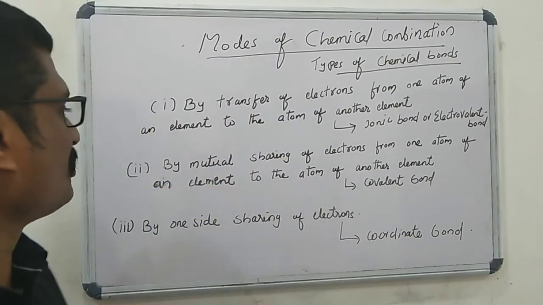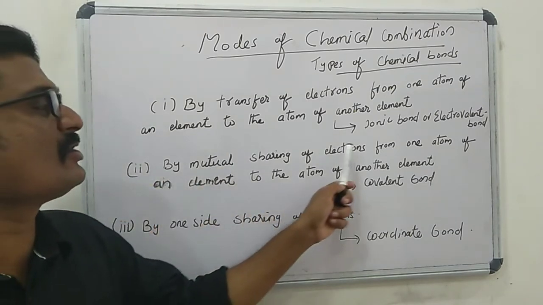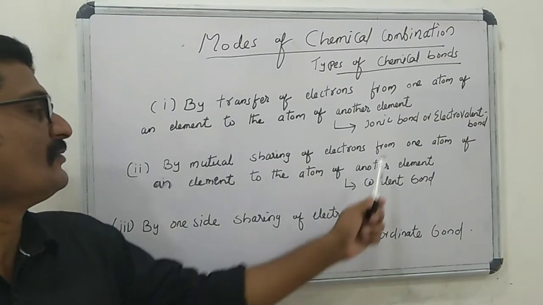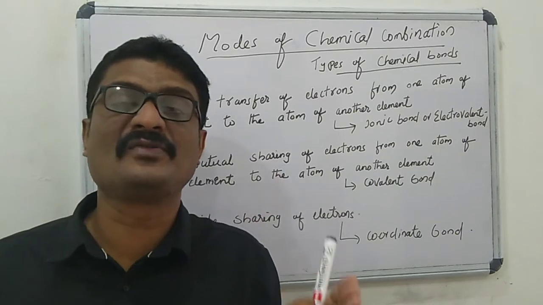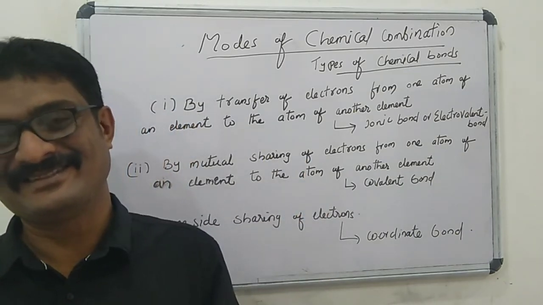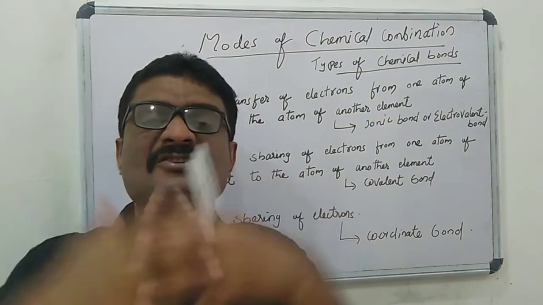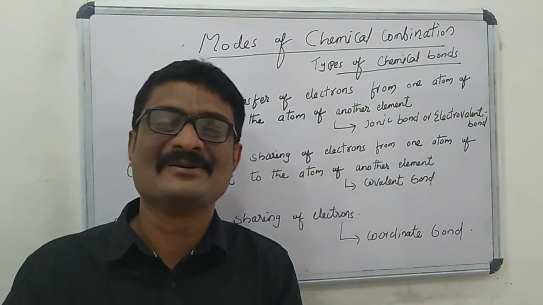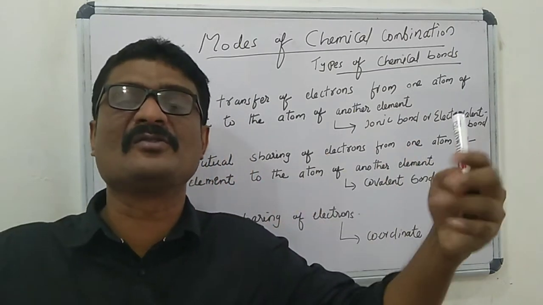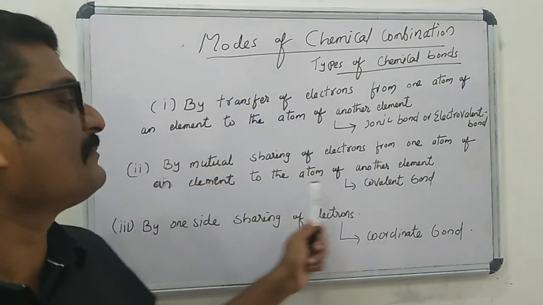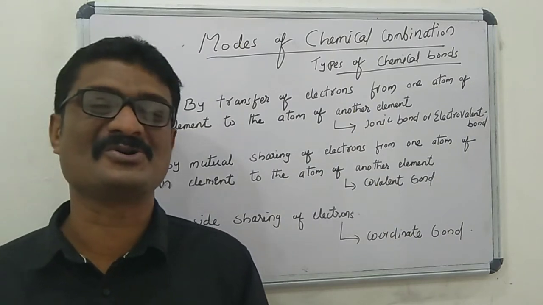Then the next type of bond is formed by mutual sharing of electrons between one atom of an element and the atom of another element. This type of bond is called covalent bond.